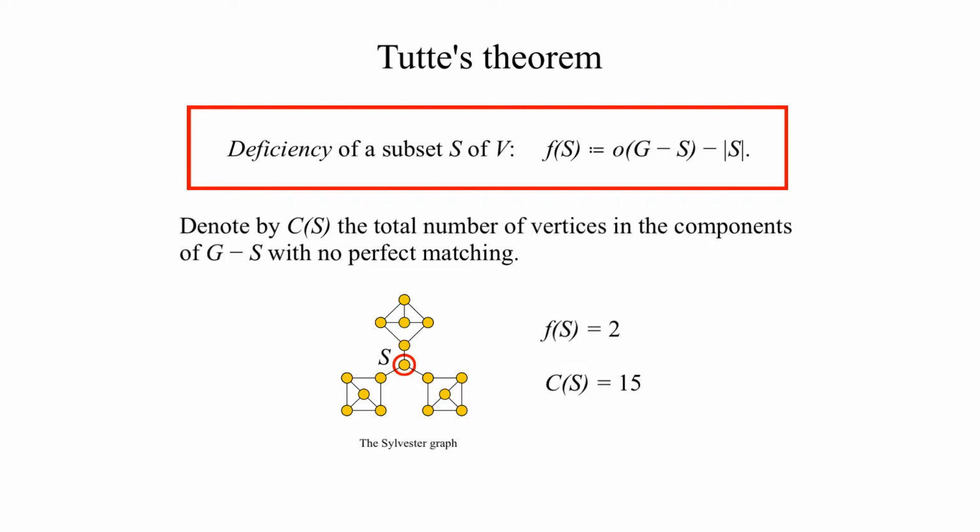For example, consider G as the Sylvester graph, and the set S of one vertex, depicted in the figure below. The graph G minus S has three components, each one containing 5 vertices. Thus, in this case, the deficiency of S is 2, and Cs is 15.